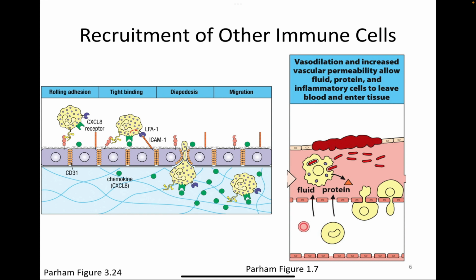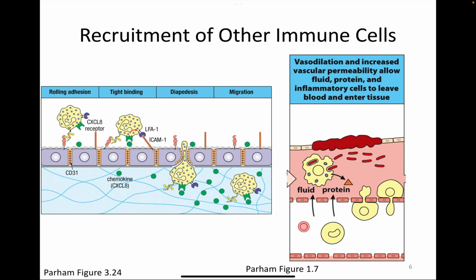So some of the signals that are sent out are signals that actually attract other cells. So it's not just that the vessel gets leaky and big. We also actively are calling and attracting other cells and saying, hey cells, you need to come here. So we will see active recruitment of other immune cells at this point.